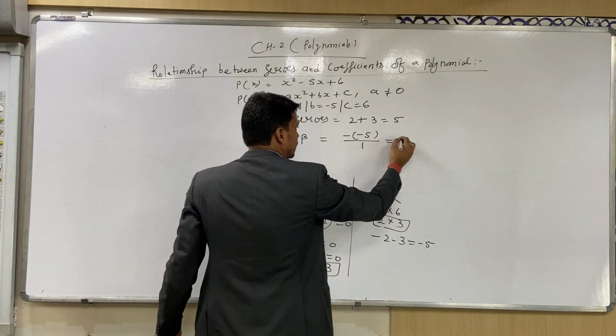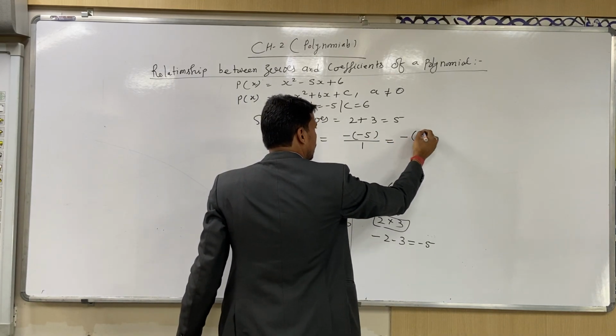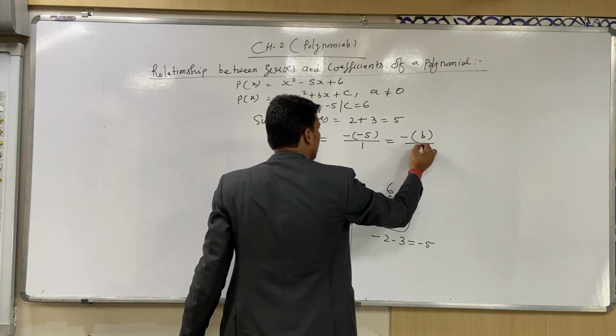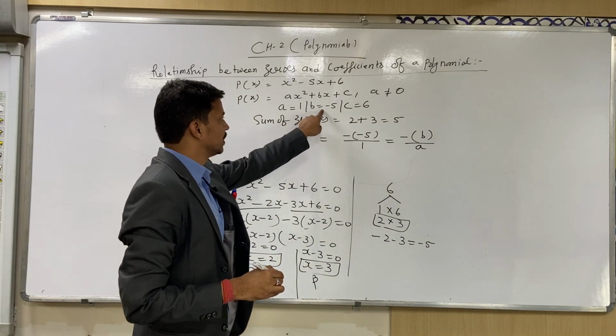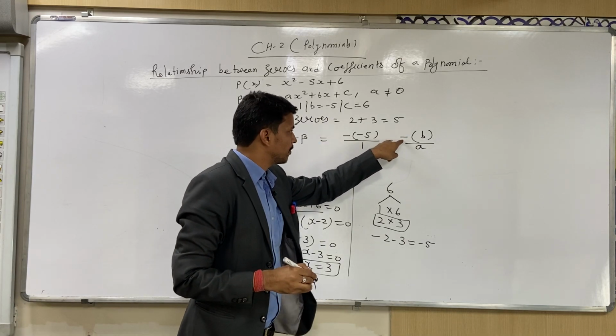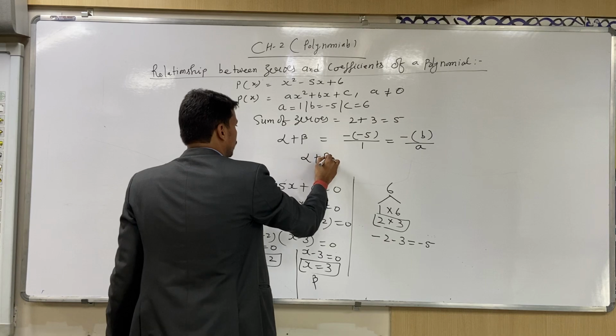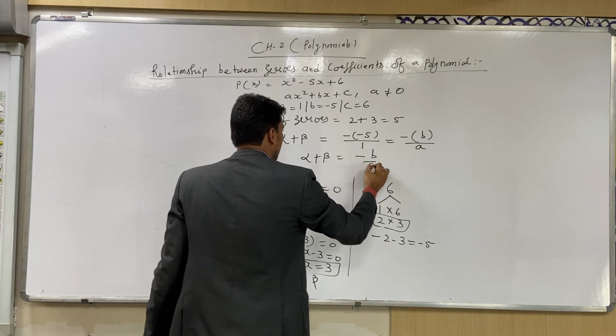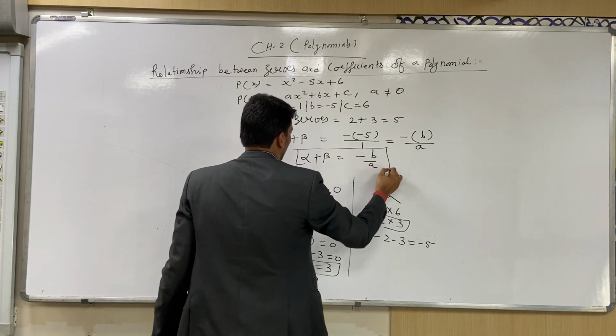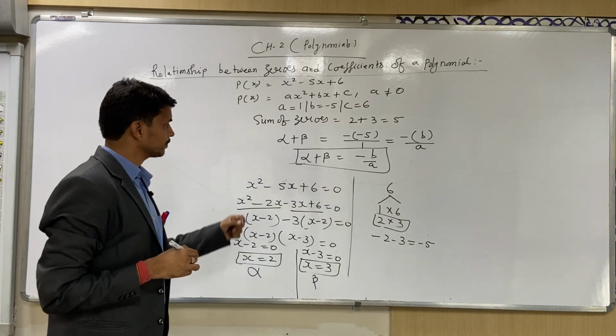So we can write minus b upon a, because the value of b is minus 5. This is one of the relations which we can write in the form of a formula, that is alpha plus beta is equal to minus b upon a.